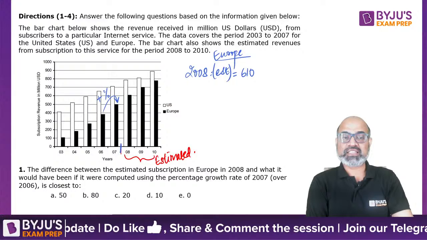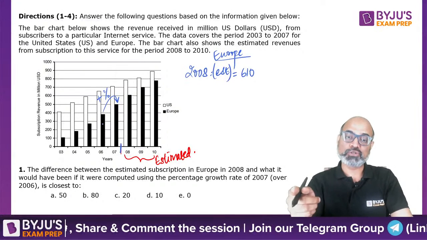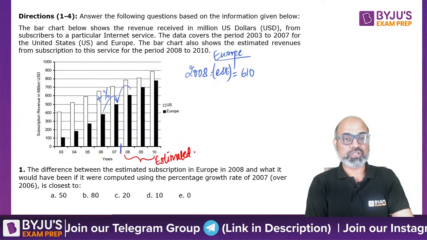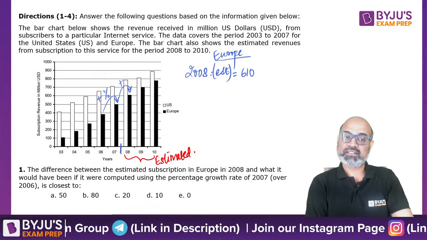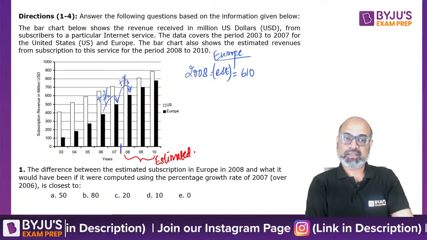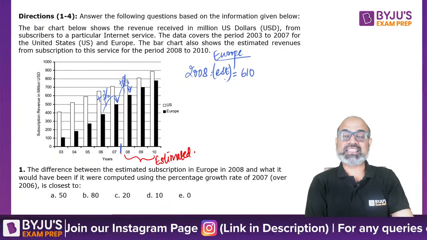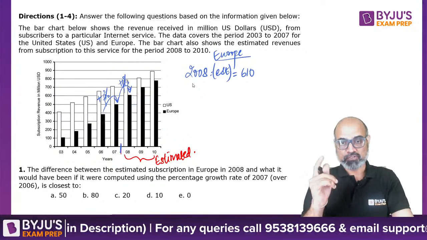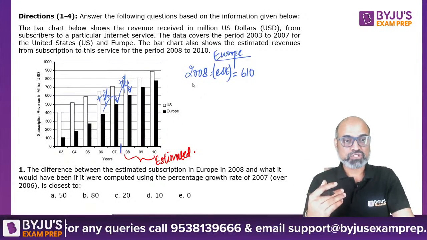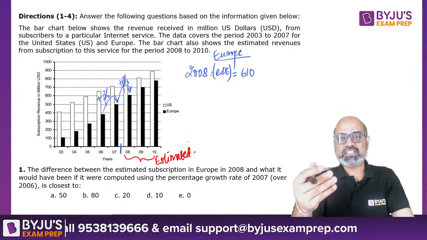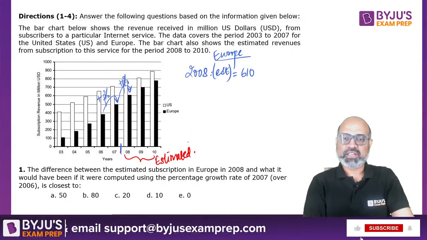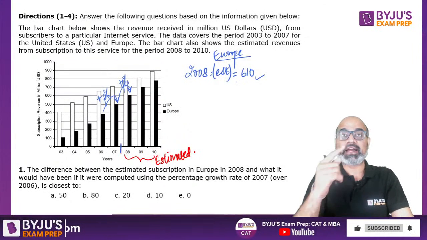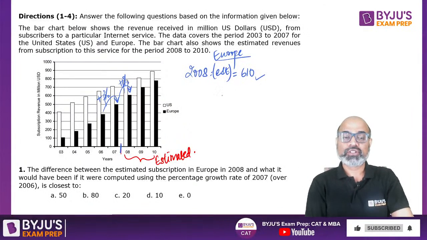Whatever percentage change happened from 2006 to 2007, if the same was applicable from 2007 to 2008, same percentage, then what would have been the estimated value in the year 2008 for Europe? Once you get that value, the question is, what is the closest difference between them? So 610 is this value. What about the new value that we are going to get by calculating the percentage growth?